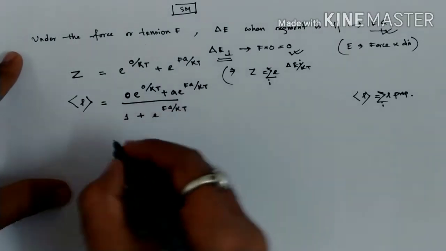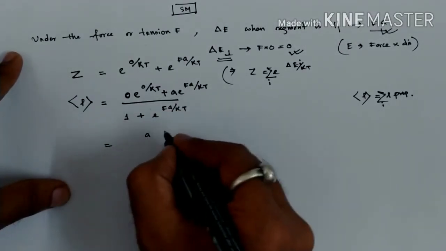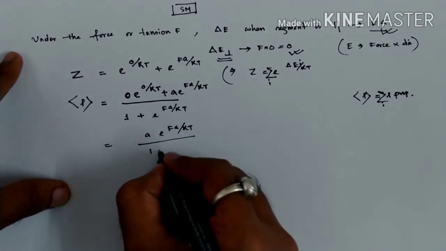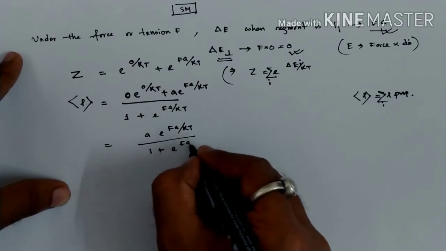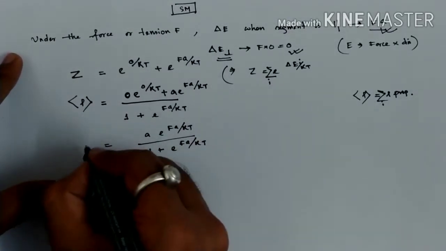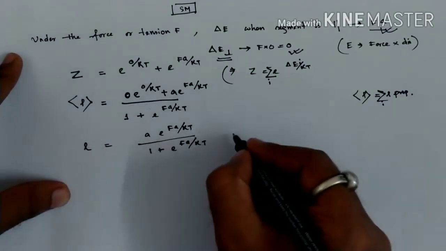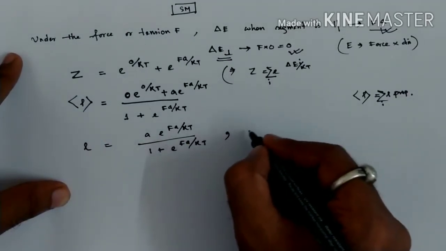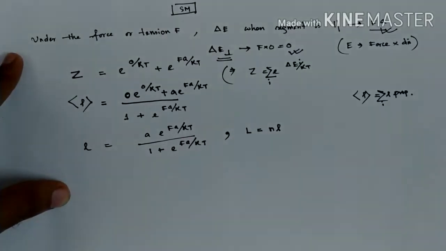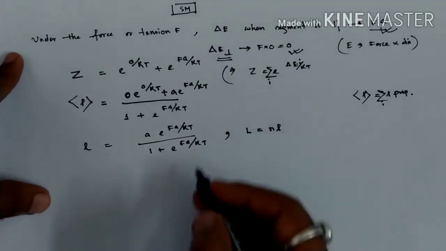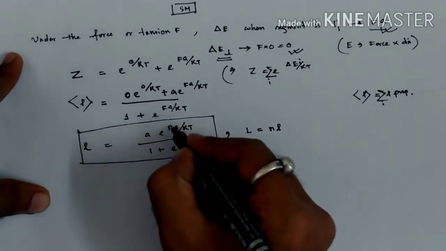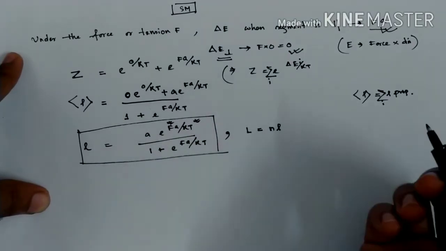Finally we can write it as a into e raised to Fa by kT divided by 1 plus e raised to Fa by kT. So this is our mean length. For n segments, the total length will be n into L. So this is the relation between force and temperature, which is according to the question.